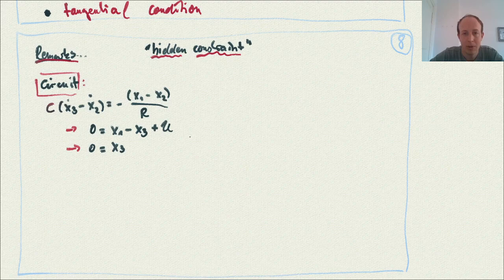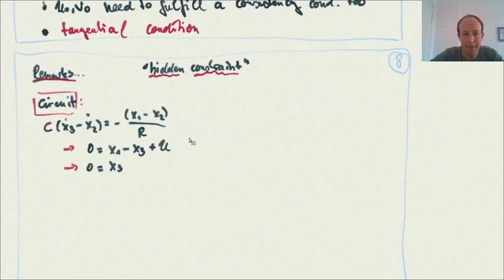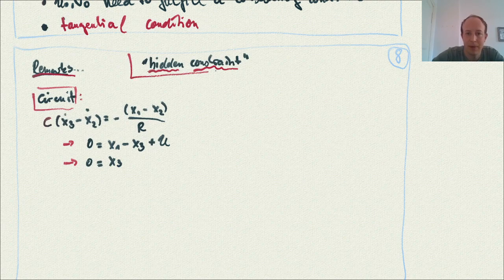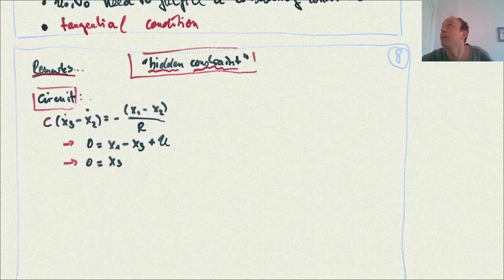What I wanted to show you here. Okay, yeah, the hidden constraint was referring to the pendulum, to this tangential condition. Do I go into details here? What's the time? What did I want to show you here?